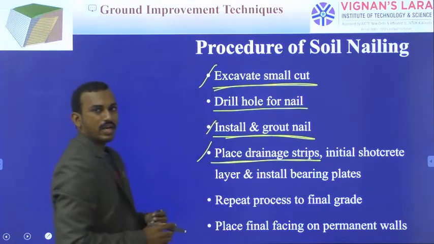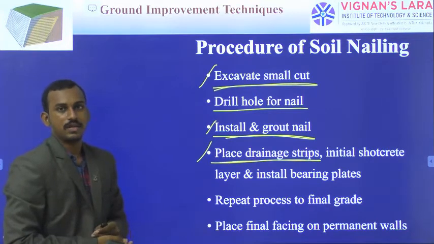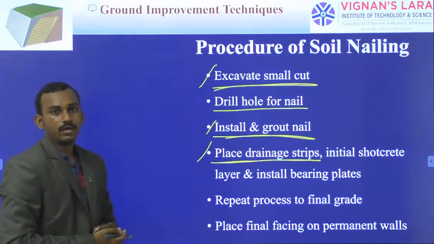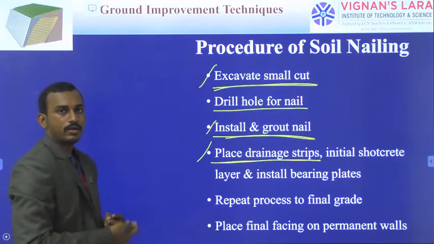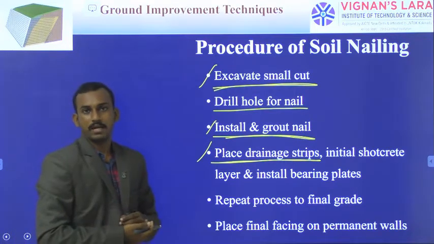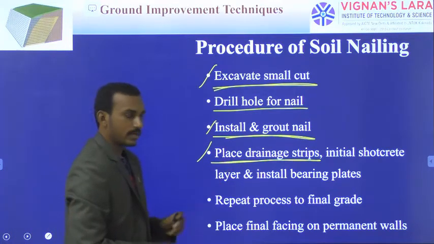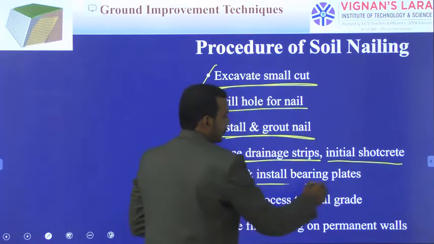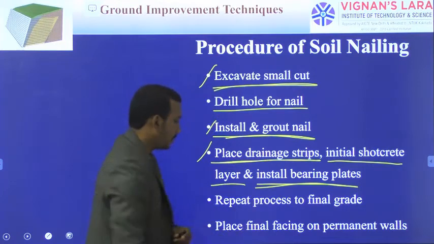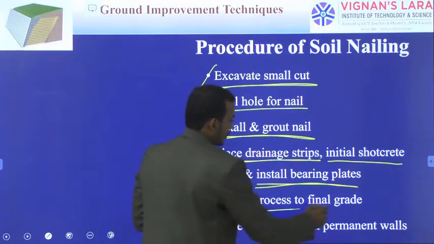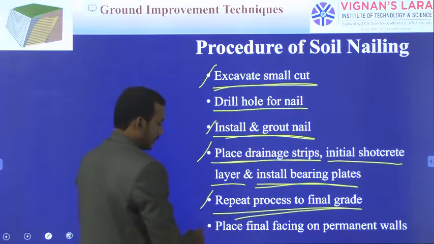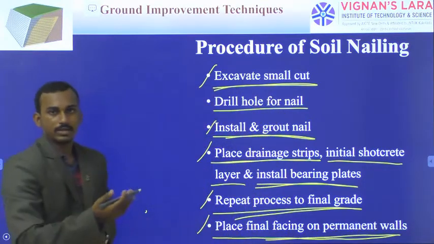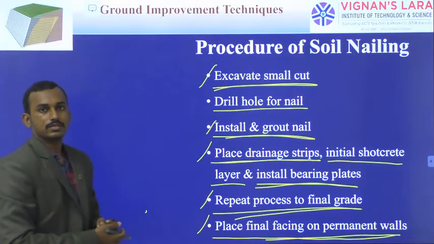As we discussed, we have to place some drainage strips or gaps such that all the water can come out of the reinforced earth. If not, the water also applies pressure on the panel. So that's why we have to arrange the drainage strips and the initial shotcrete layer, and we have to install the bearing plates. After that, repeat the same process to the final grade. Then place the final facing on the permanent walls. That means provide the facings.